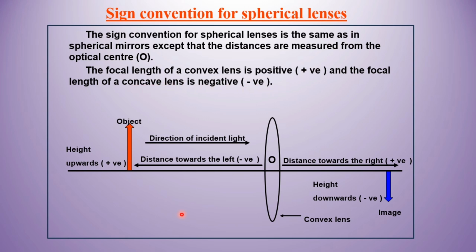In this diagram, heights upwards are positive and downwards are negative, and distances toward the right are always positive and distances towards the left are always negative. So these are the things we have already seen.